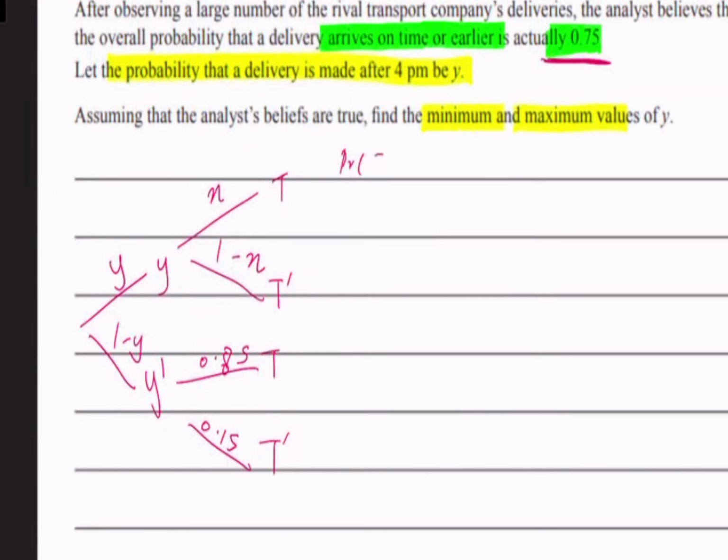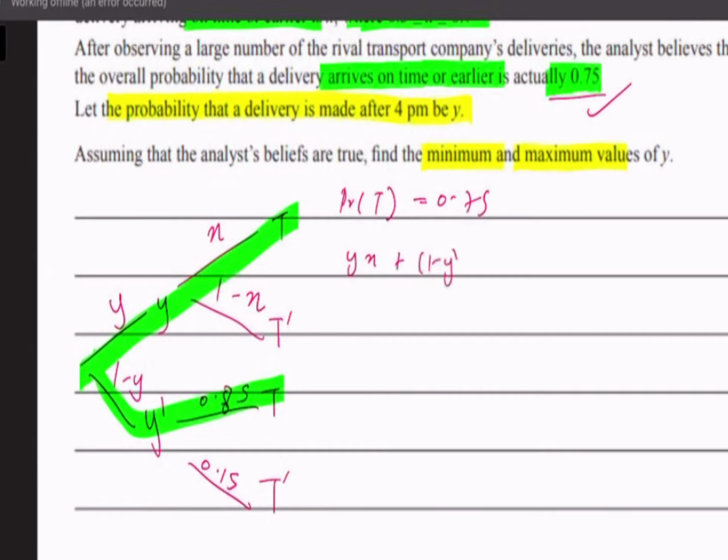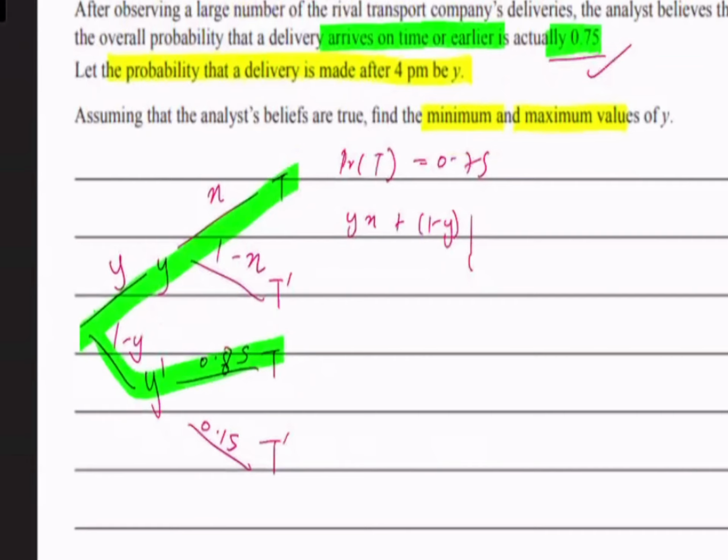So now we know the probability that something is on time is 0.75, which they've given here. If we look at the tree diagram, that's going to be this branch and this branch. So y times x plus (1 minus y) times 0.85 equals 0.75.